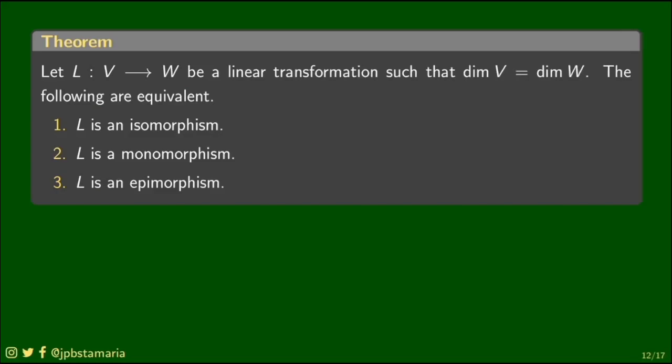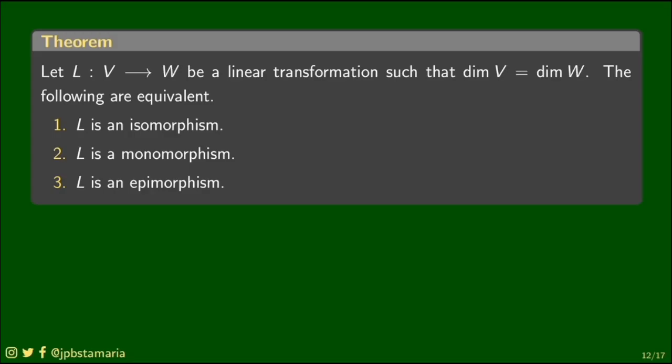Now, you see, in the previous example, it turned out that because L is a linear operator, the dimension of the domain and the arrival space are equal. We can somehow generalize the previous example.